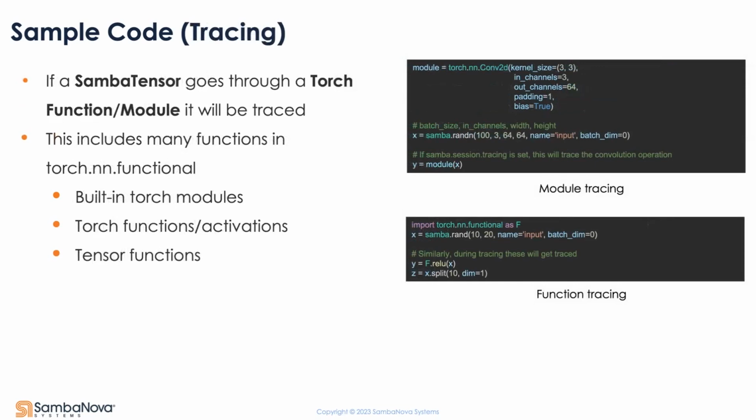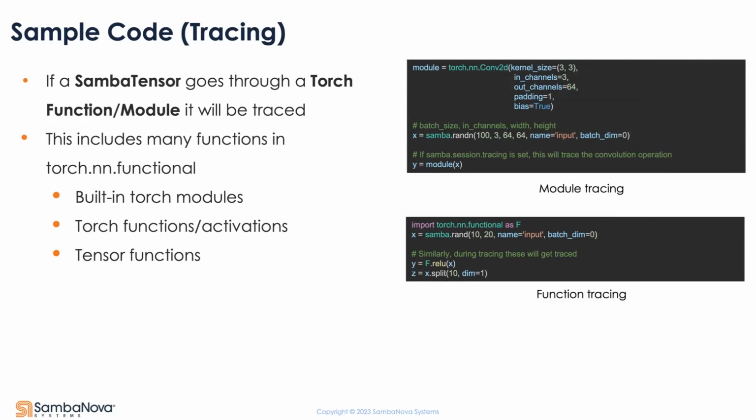And then the tracing, here's a little example of it. As I mentioned earlier, if the Samba tensor goes through a torch function or module, then it will be traced and automatically converted for Samba operations. You'll see here, for example, a module, Conv2d. When you pass a Samba tensor to that module, the tracing will end up calling the SambaFlow version of Conv2d rather than the torch version.